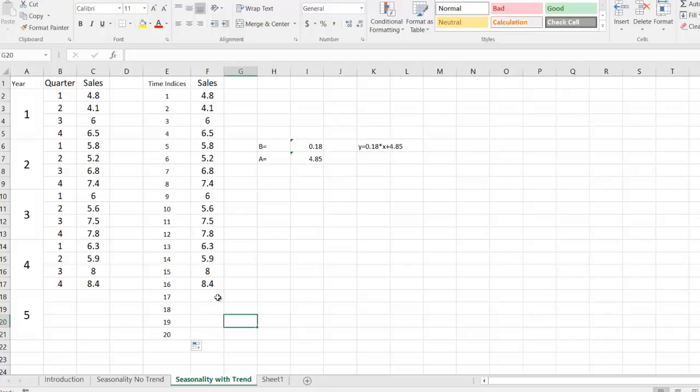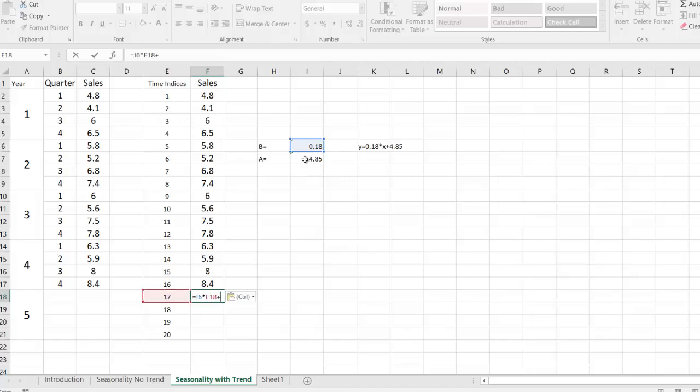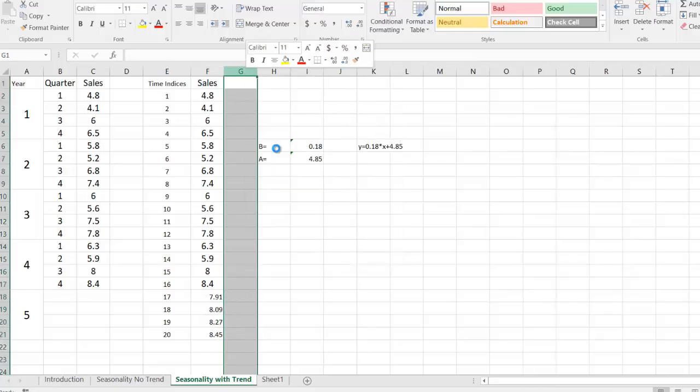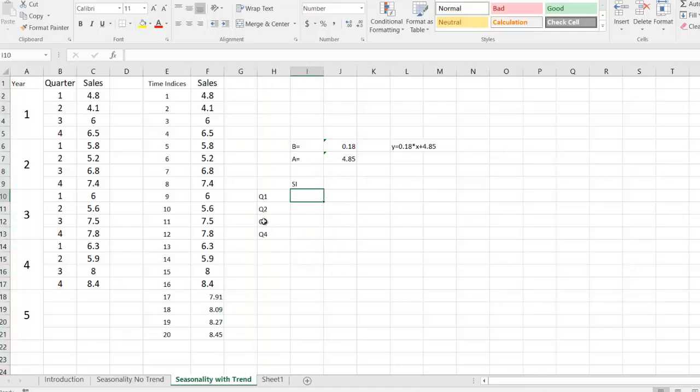And using the trend line, the forecast for year 5 are as follows. And now we are ready to calculate the seasonal index of every quarter.